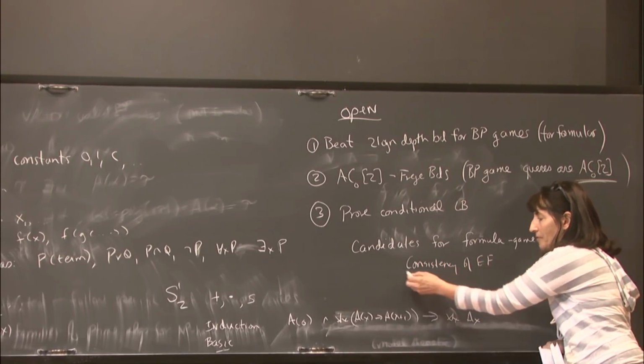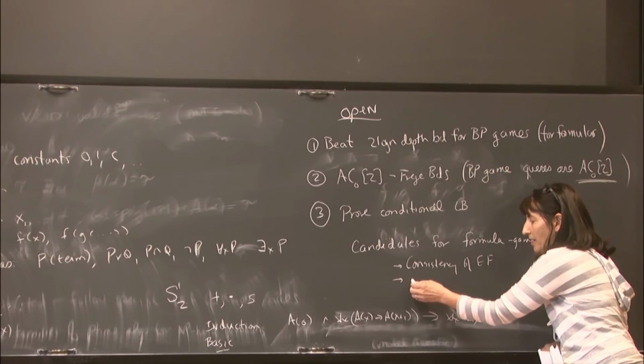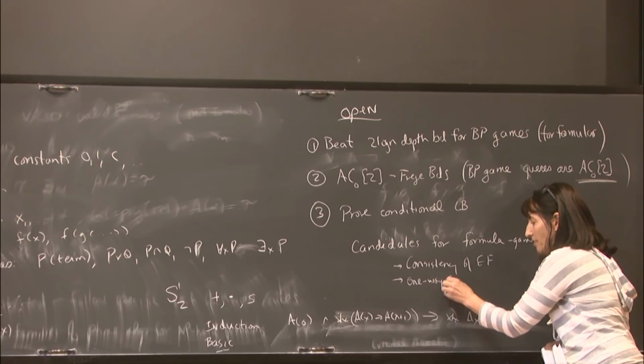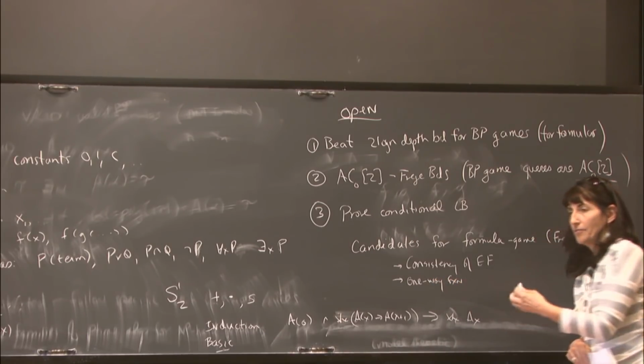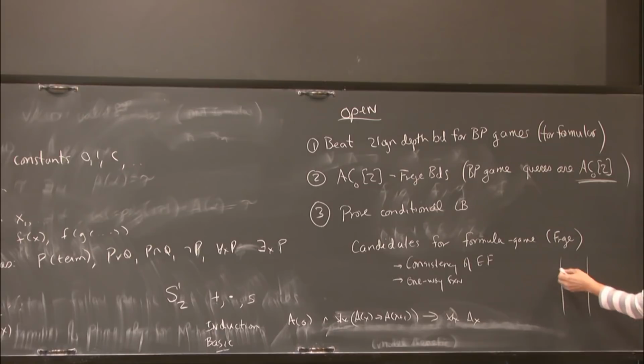Another candidate, which is much nicer, but not much is known about it, is basically one-way functions or pseudo-random generators. So you take some function from 2n to n, some function that you think is one way. In other words, it's easy to compute in this direction and very hard to compute in the reverse.